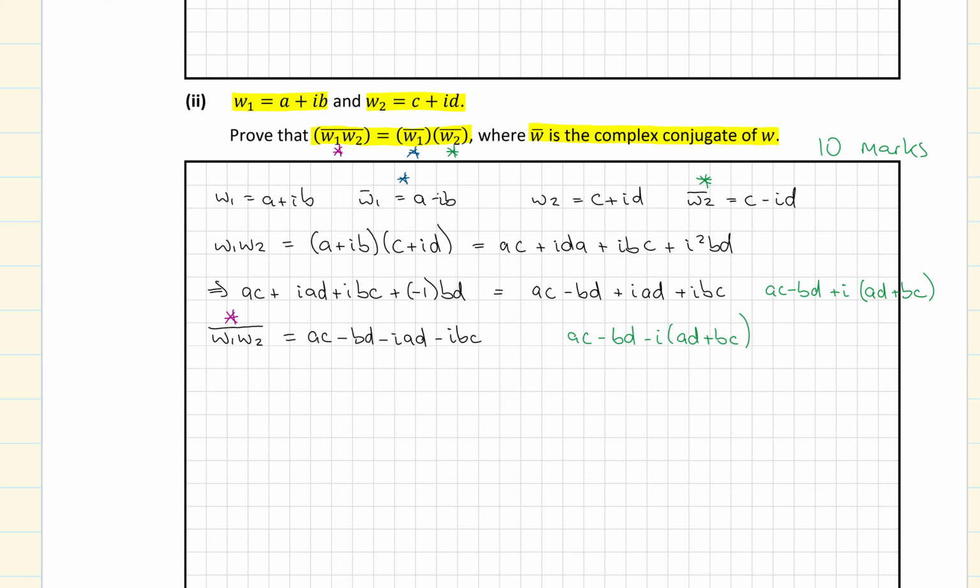So last step to show is the conjugate of W1 times the conjugate of W2. So we're going to multiply them together. That's a minus ib by c minus id. And then we have plus i squared bd.